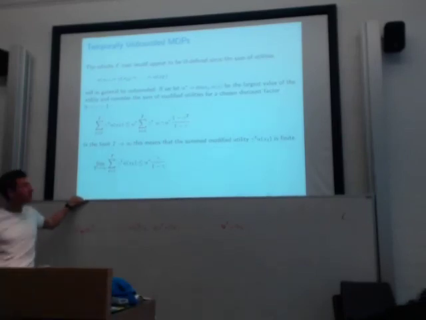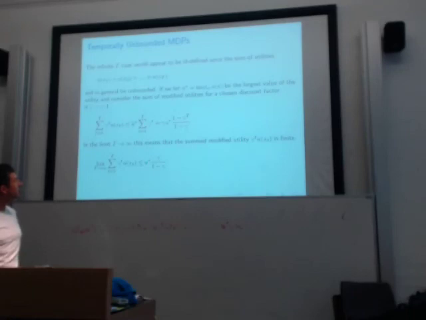Because if each u of xt is bounded by u star, this is then just a geometric series which you can sum. And as long as gamma is less than 1, in the limit that t goes to infinity, this term will become 0. And you're just left with the whole infinite time sum bounded by this quantity here, which is finite.